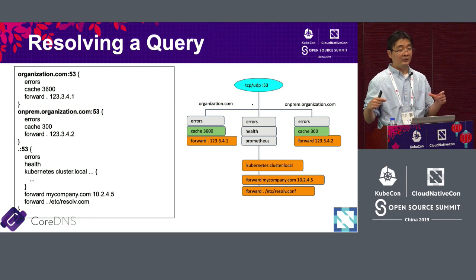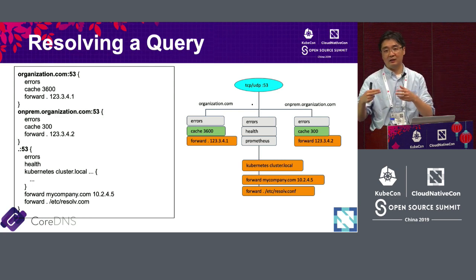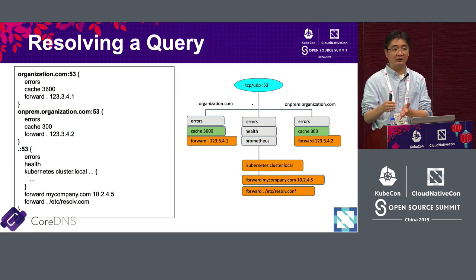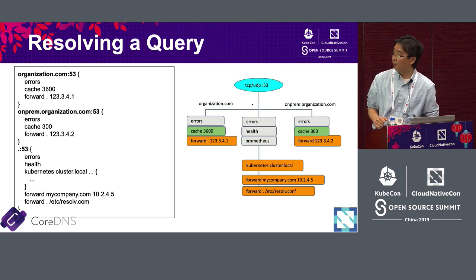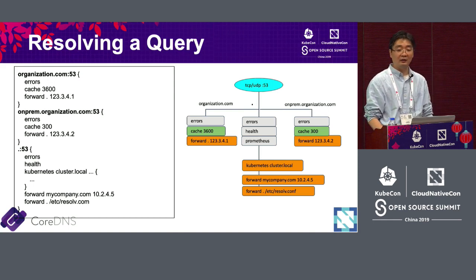If the plugin captures the query and cannot figure out if it needs to process it or not, then this plugin will essentially let the query fall through to the next plugin. So the next plugin will pick up the query and decide if they want to return or not. So that's the workflow of resolving a query in CoreDNS.